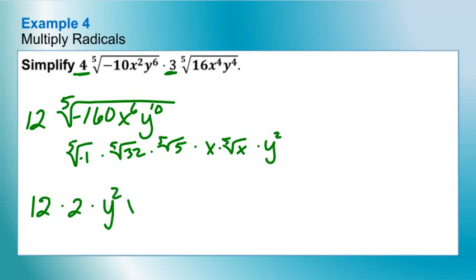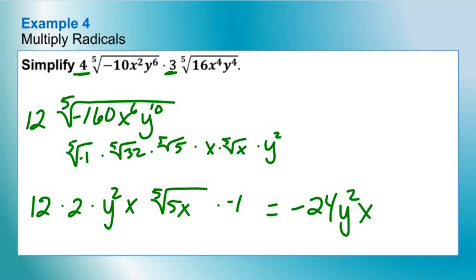Then I have a y squared, and I have an x. Then I have the fifth root of 5x, and then this fifth root of negative 1. The fifth root of negative 1 is negative 1, so times a negative 1. So this would give me an answer of 12 times 2 is 24, times negative 1 is negative 24 y squared x times the fifth root of 5x.